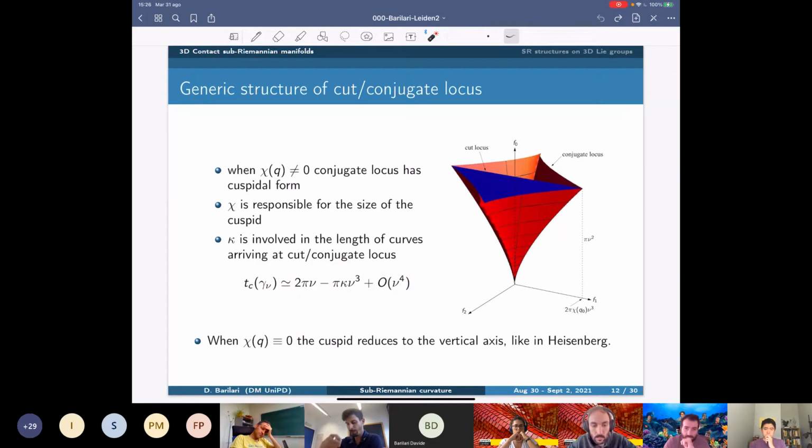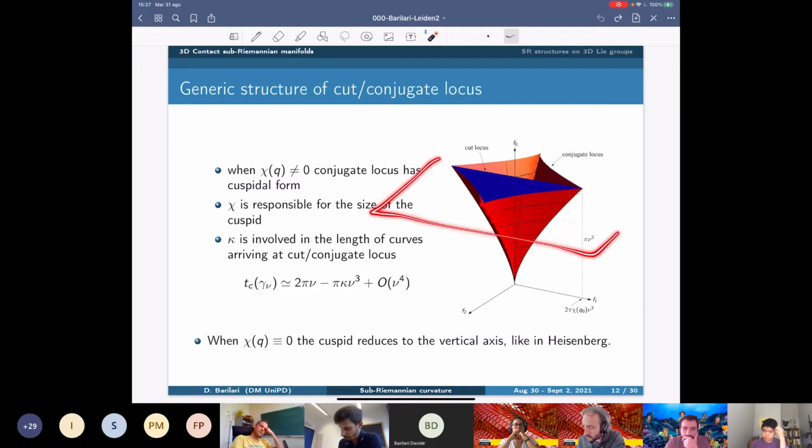Remember our geodesic has two parameters, some angular parameter theta, and then a real parameter which we call p_z. So when our invariant chi is identically zero, all this picture reduces to a vertical axis. Okay. So the analogy is like the one with the cut locus and conjugate locus on a Riemannian sphere and a Riemannian ellipsoid.